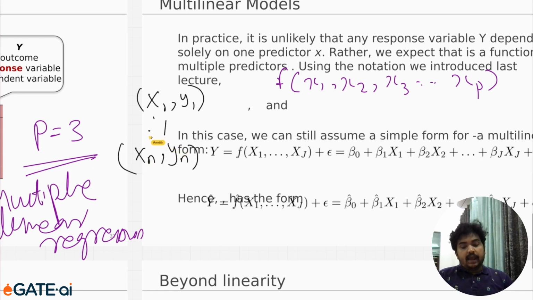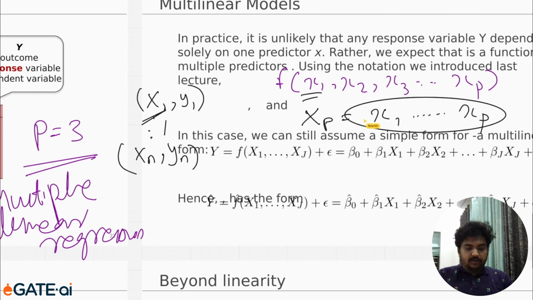Now so far I have been writing small x's and now all of a sudden I'm writing a capital X. That's just to denote that each x, let's say an xj, is nothing but we have p such values. So we are talking about x1 to xp.